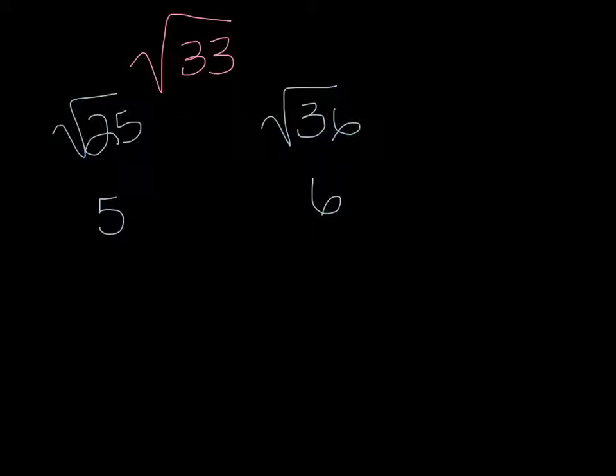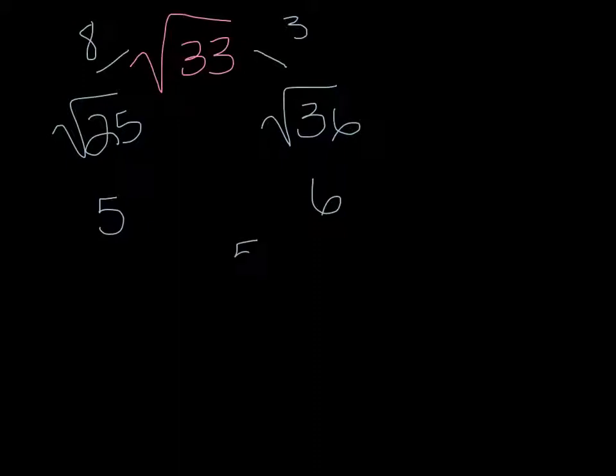The way we're going to do this is we want to count between each number. 33 to 36 is 3, and between 33 and 25, that's 8. Obviously, 33 is much closer to 36, so we know our answer is going to be much closer to 6 than it is to 5.